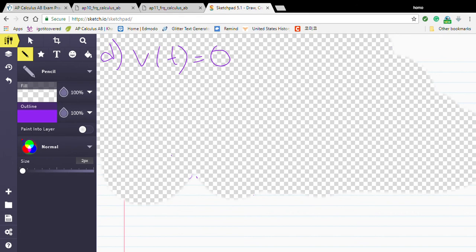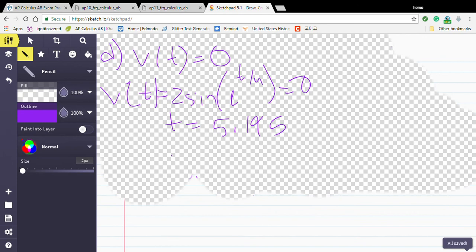So velocity equals 0 when t is 5.195. How did I find that t equals this value, you may ask?